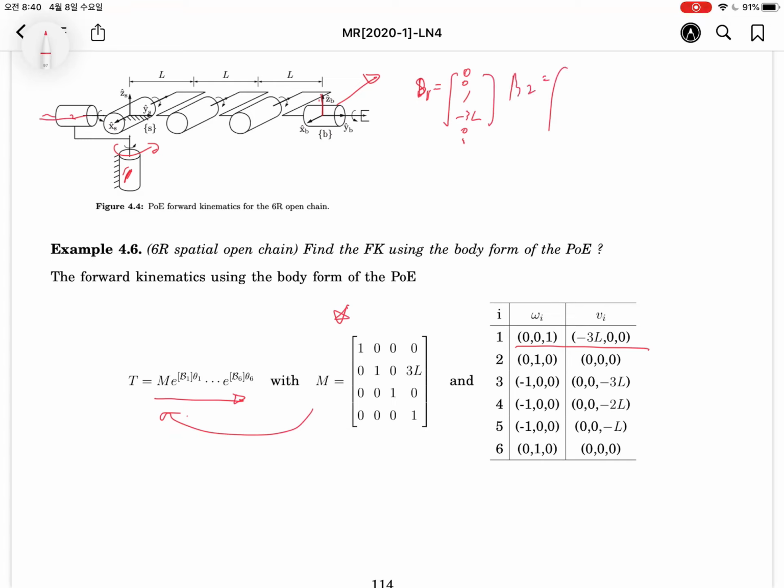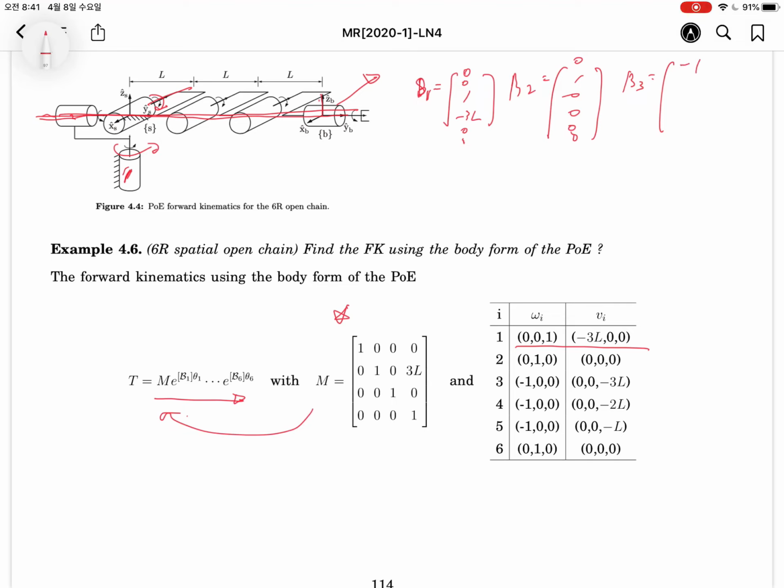How about the second one? The second one is B2. The rotational axis will be the y-axis, so 0, 1, 0, because this is aligned to the y. But there is no linear movement because this line goes through the origin. Okay, B3. B3 is this one.